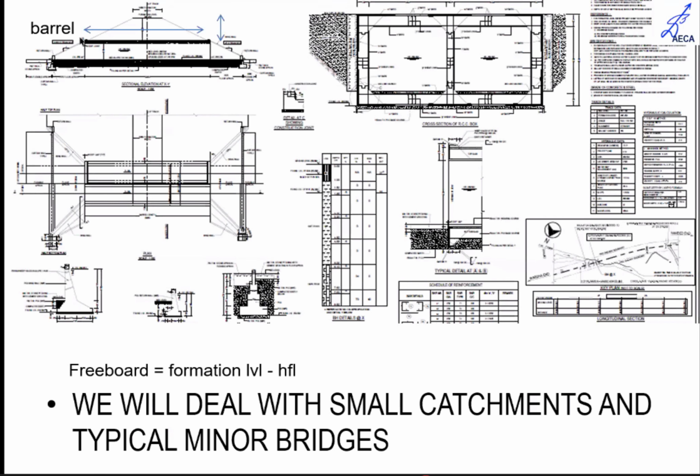Now in this, two terms are important. One is the barrel length of the bridge. This barrel length is decided by the cushion, or the formation level above the ground level. So the cushion will define the length of the bridge. Another important thing is the freeboard. The freeboard is the formation level minus the HFL, and the clearance which we normally provide as per the codal requirement.